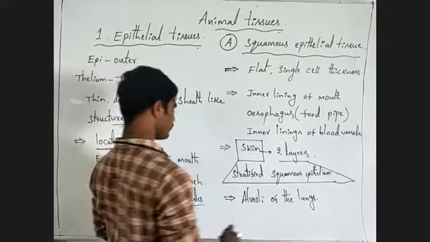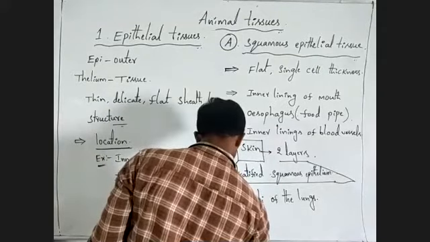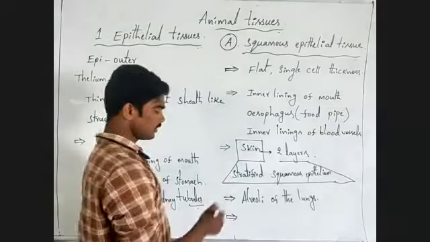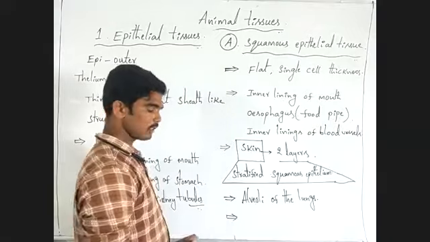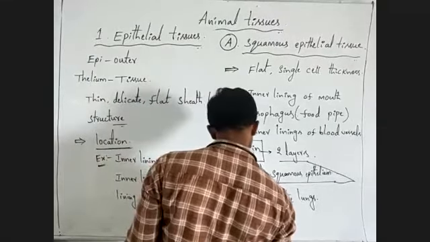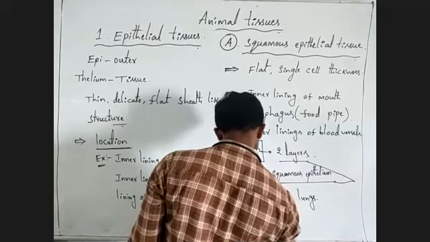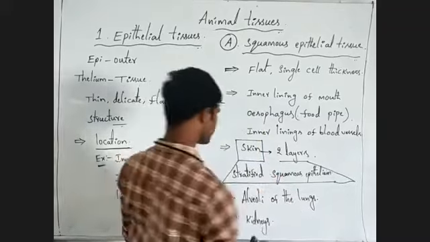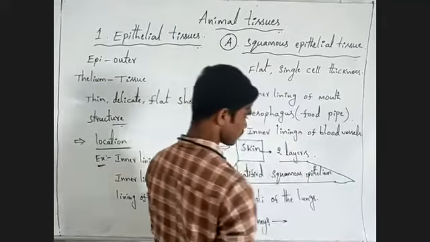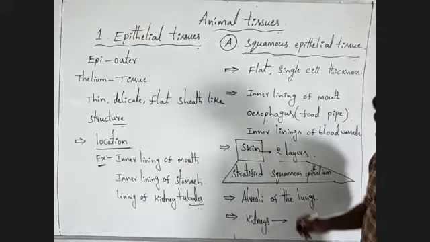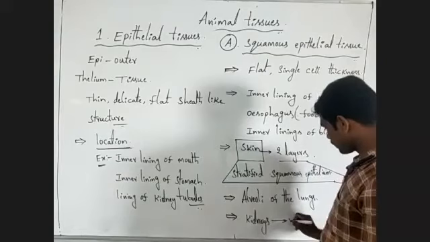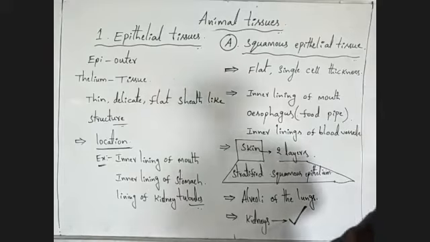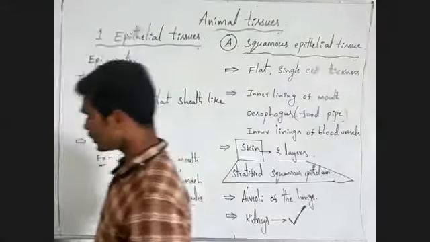In kidneys, the Malpighian body also has squamous epithelium. There also it is present.